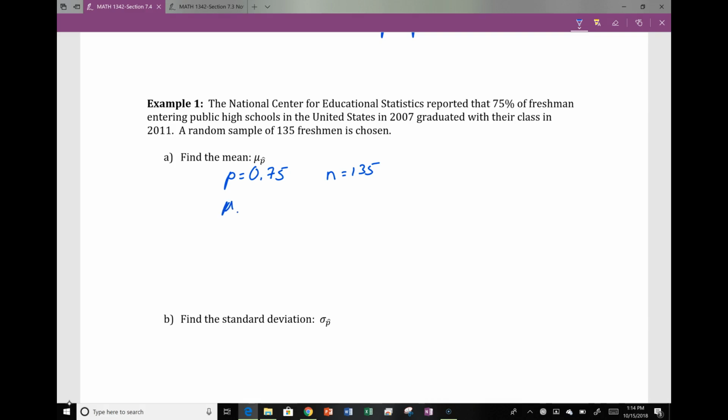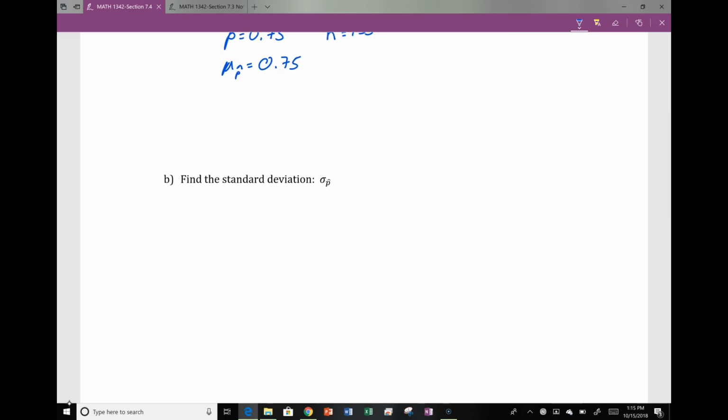Well, our mean is very straightforward. It's just going to be the proportion that do actually graduate, which is 75% or 0.75. Now when we look for the standard deviation, it's going to be the square root of p times 1 minus p divided by n.